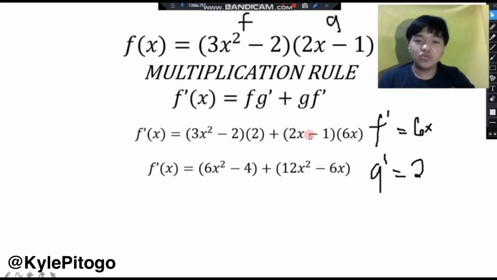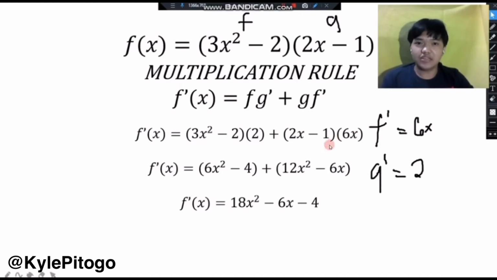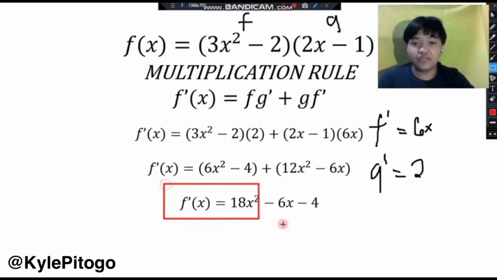Plus 2x times 6x is equal to 12x squared, minus 1 times 6x is equal to 6x. Then combine like terms, we get 6x squared plus 12x squared is equal to 18x squared, minus 6x and minus 4, because there are no like terms. So bring down, and it cannot be simplified anymore, and therefore this is the answer for the equation.